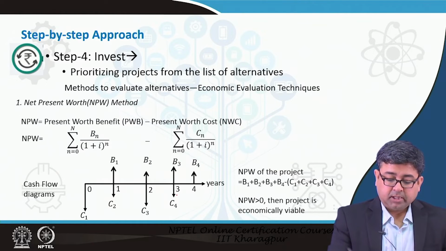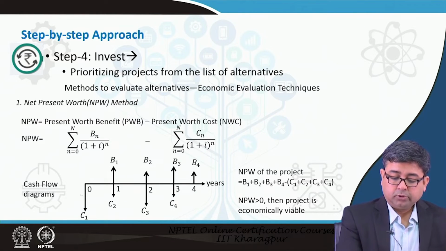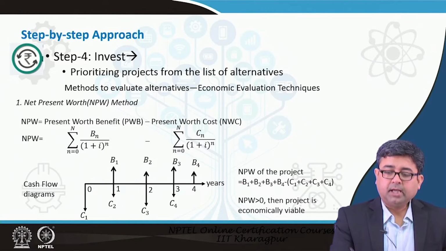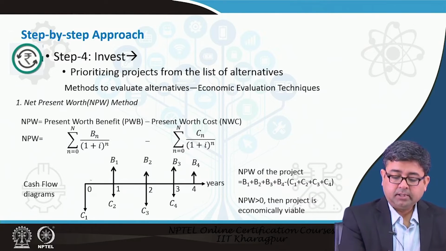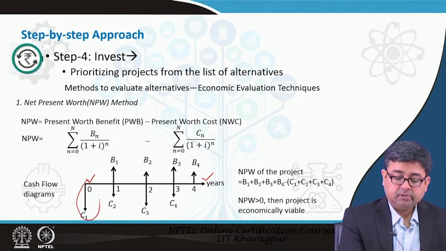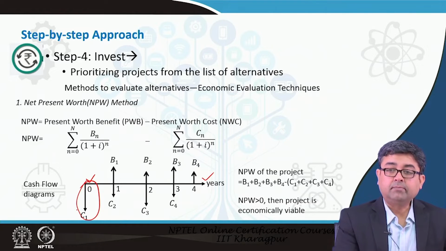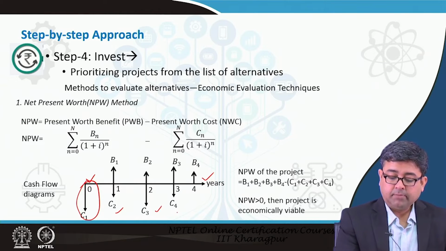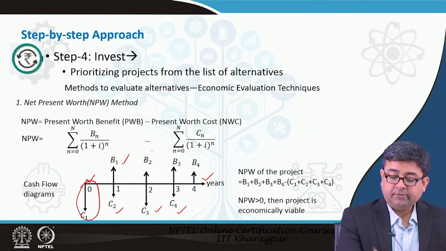So, this is just shown on a diagram. If these are the years of the lifespan of the project, so maybe the lifespan of the project is 4 years or 4.5 or 5 years, then in year 0, or currently, you have to invest some money for construction, then maybe your operating and maintenance costs go on, whereas you start getting benefits also from year 1 and year 2 and year 3.